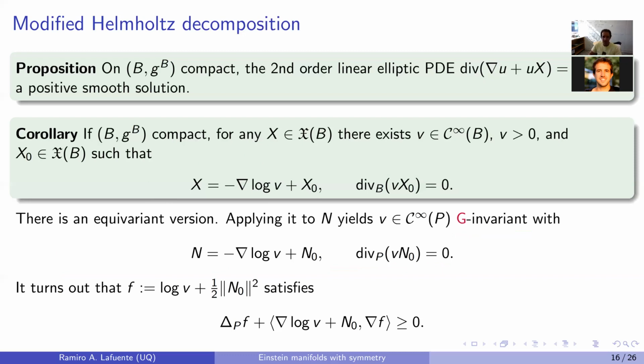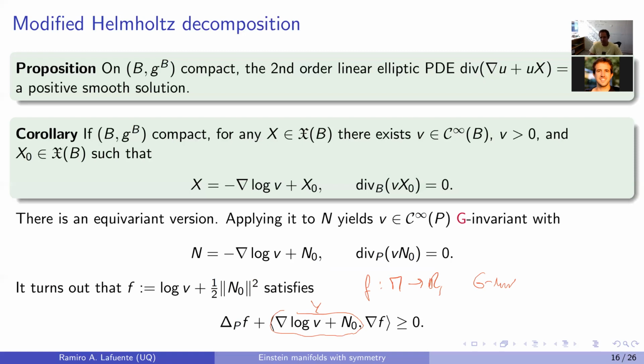Then this function f is a G invariant function on M, and it satisfies the following estimate: Laplacian f on P plus the gradient of log V plus n naught, scalar product with nabla f, is greater than or equal to 0. Remember that we don't care about the first order term, which is just some vector field here.